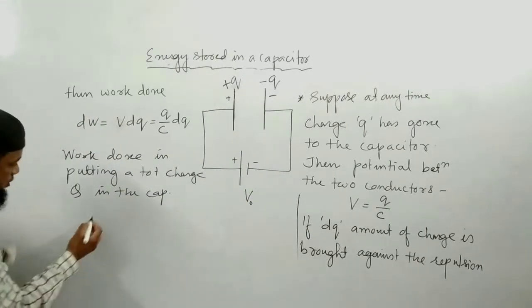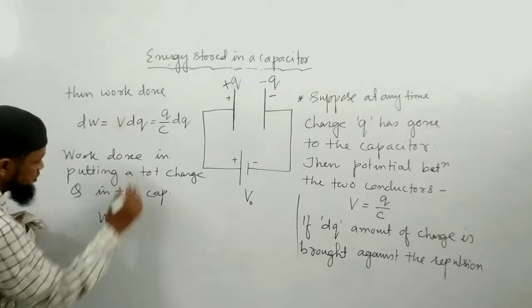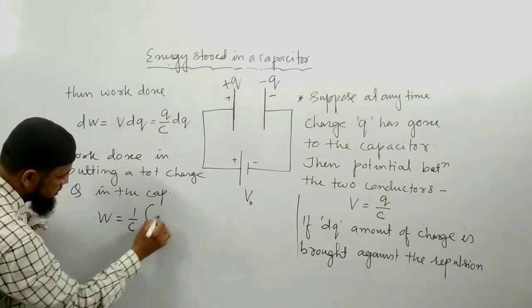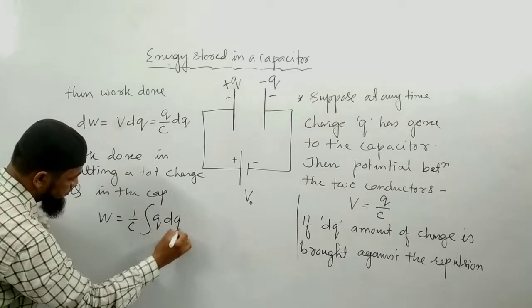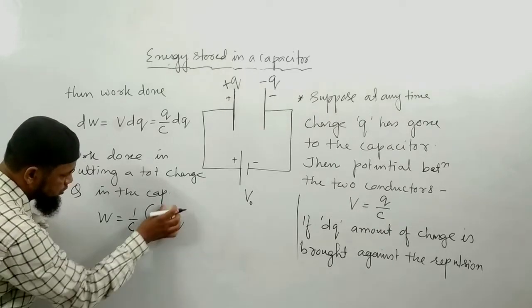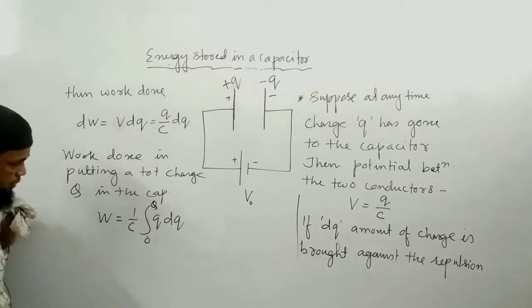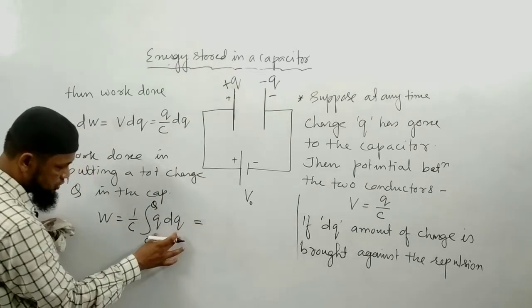W will become integration of this. Let us do it like this: 1 by C integration Q dQ. So charge is grown from 0 to capital Q.